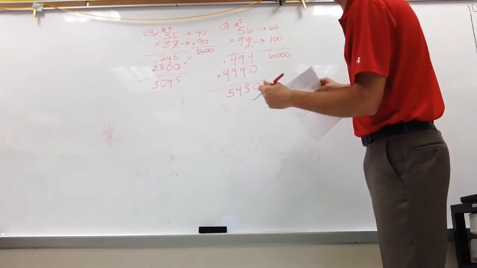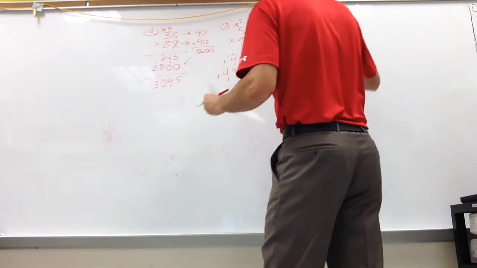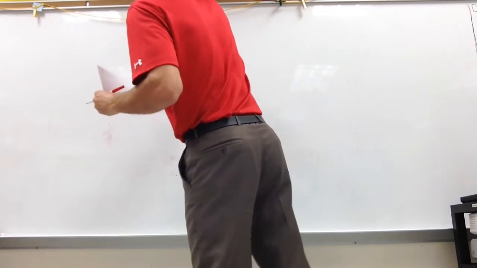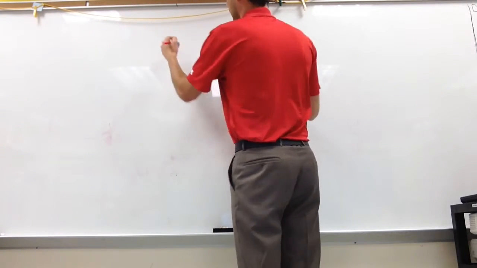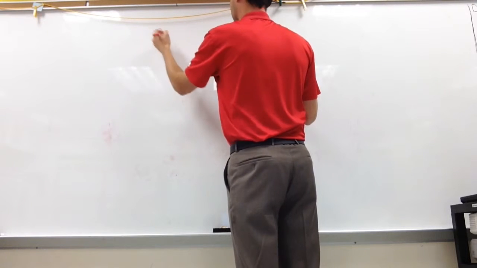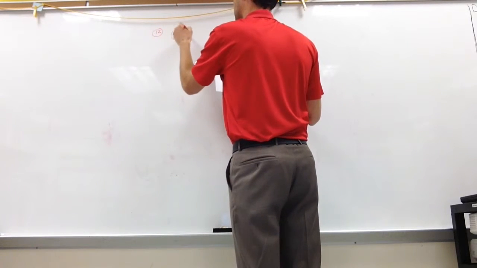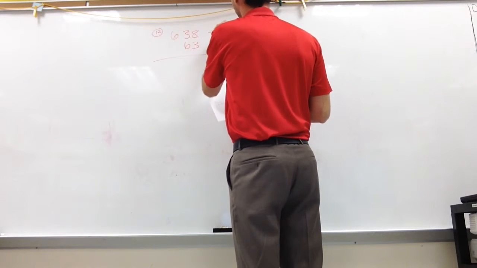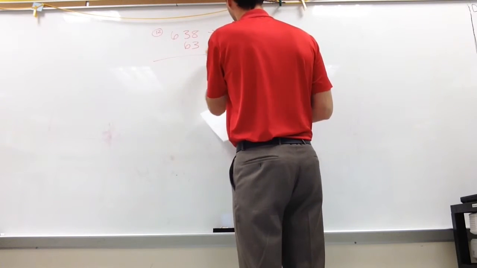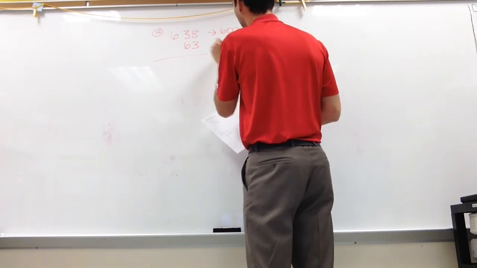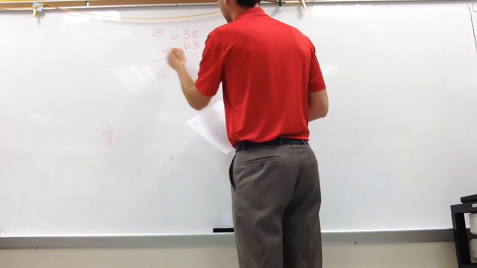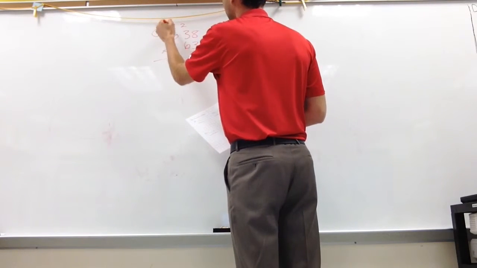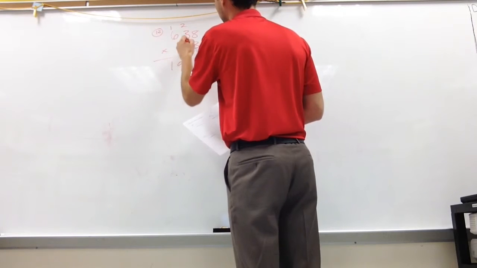Number 12. Estimate it, so 660, so my answer should be around 36. So 4, 2, 9, 11, carry up, 18, 19.